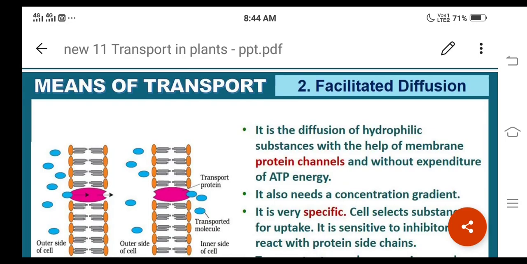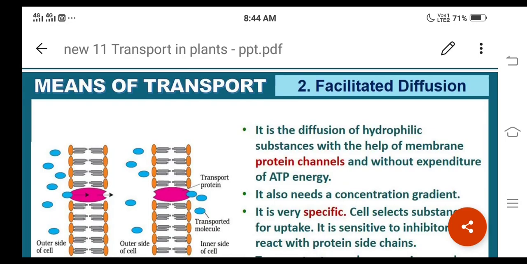Both definitions are the same. For this we call it facilitated diffusion.